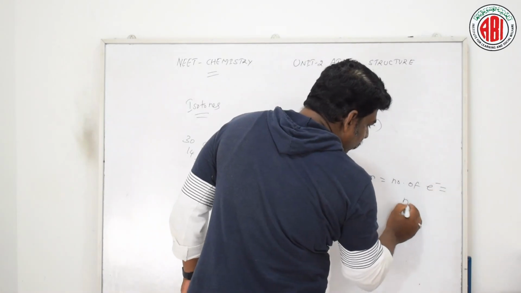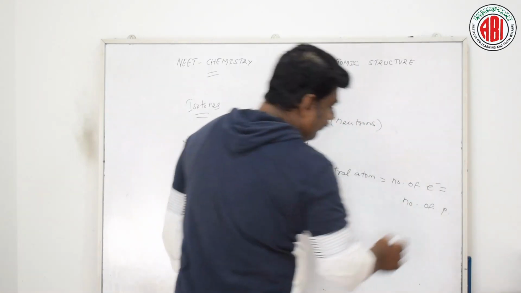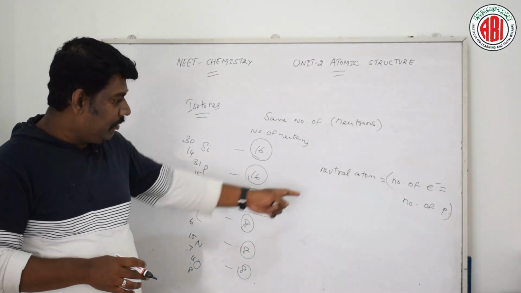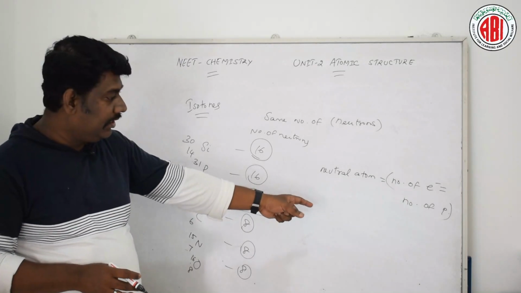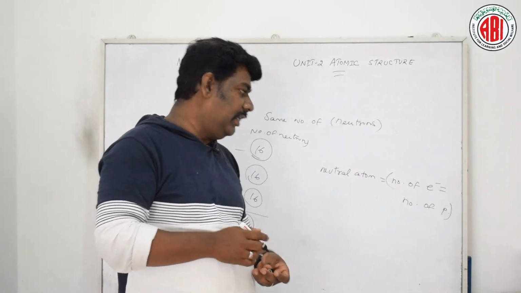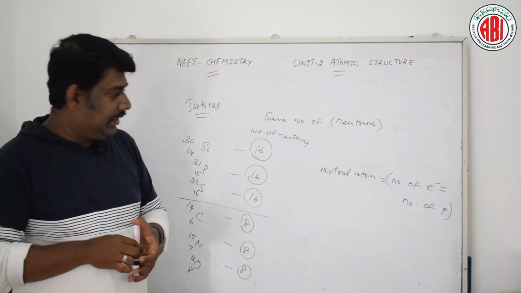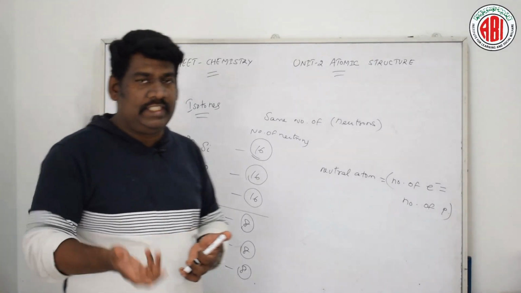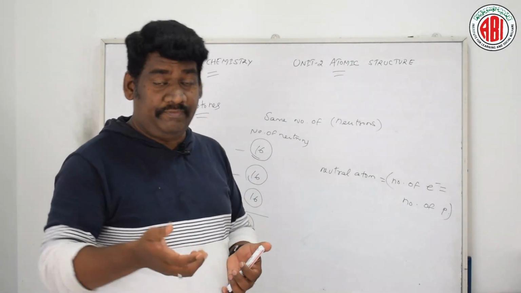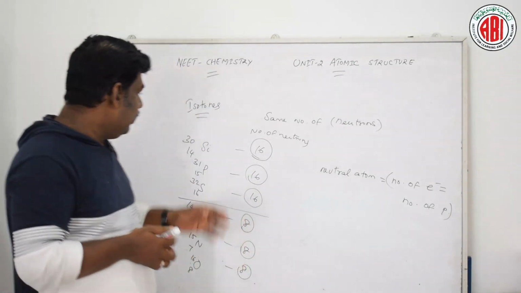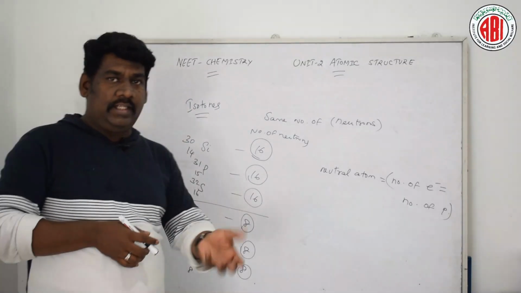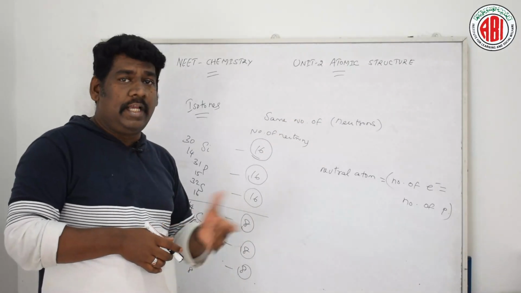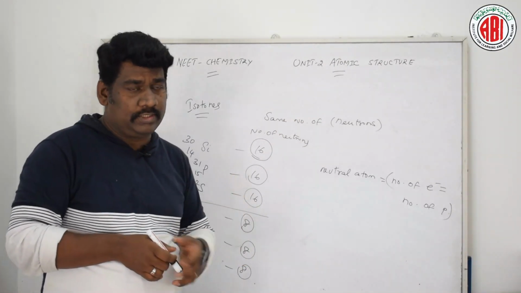In all the cases, for a neutral atom, the number of electrons is always equal to the number of protons. We should remember this, because a few questions may come based on it and we should be able to solve them. So this is today's topic: atomic structure, isotopes, isobars and isotones.